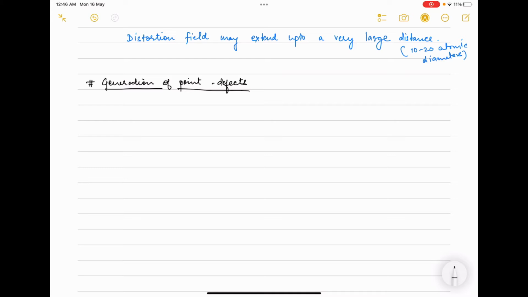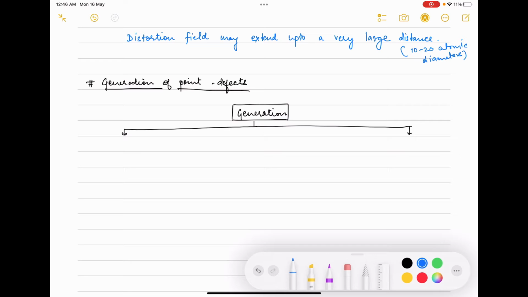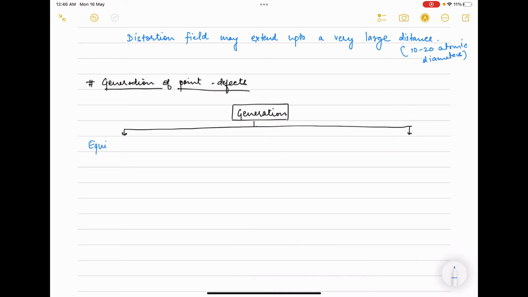So there are two kinds of processes. One is equilibrium process.